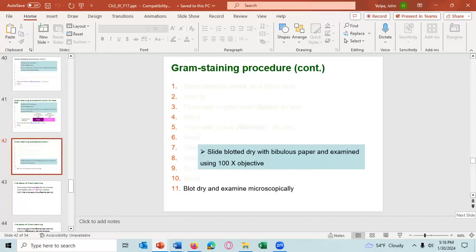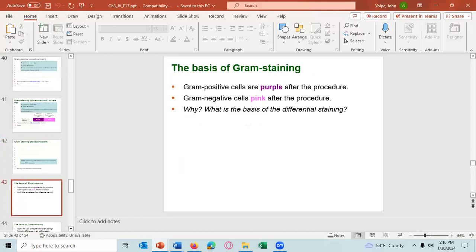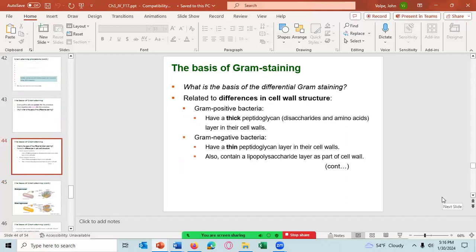Any questions about the gram stain procedure? All right, let's talk about the basis of the gram staining. The gram-positive cells are purple after the procedure. The gram-negative cells are pink. And why? What's the differential staining? Where does it come from? It's related to the differences in the cell wall structure.